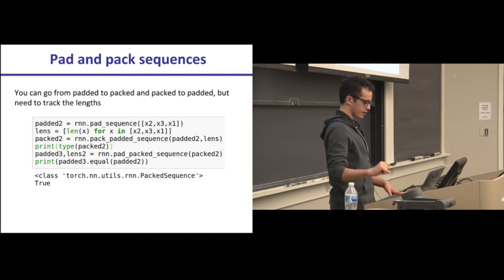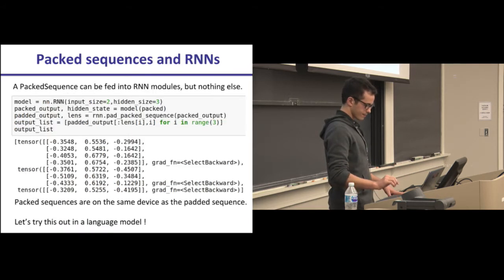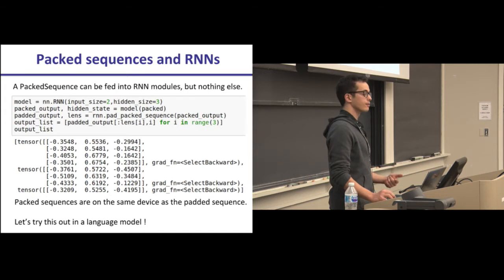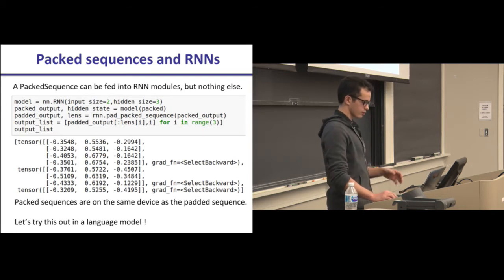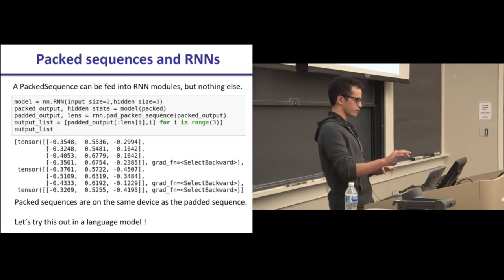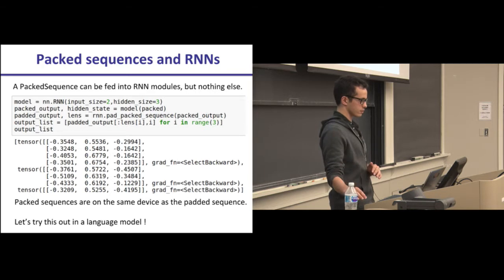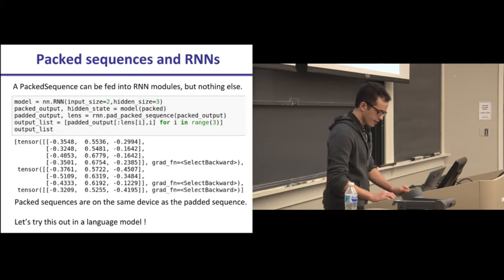And when you go back, it's going to return the padded tensor and the lengths. Like I said, a packed sequence can go directly into the RNN modules, but that's all. You cannot give a packed sequence to a linear layer or a convolutional layer. So you have to jump between packed sequences and regular tensors all the time.